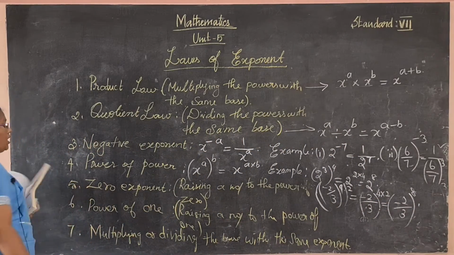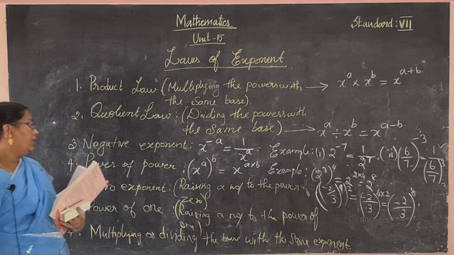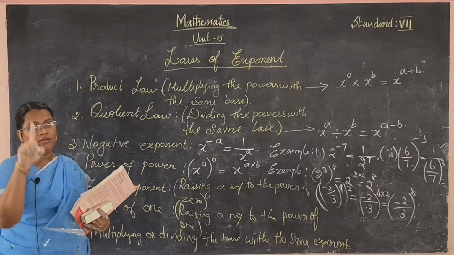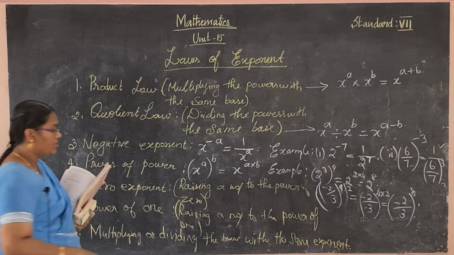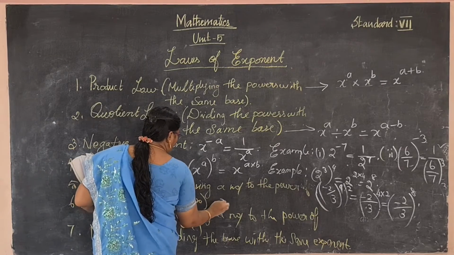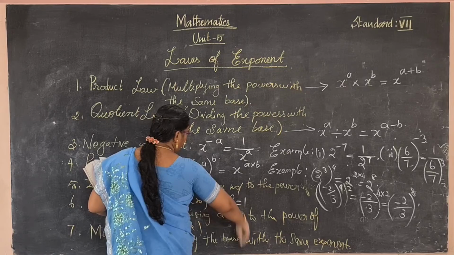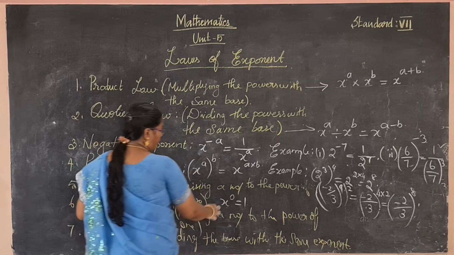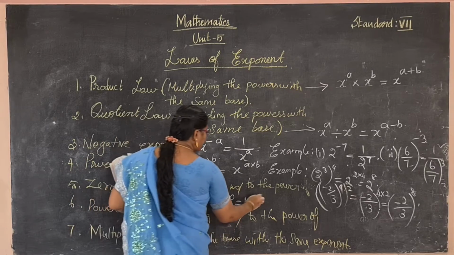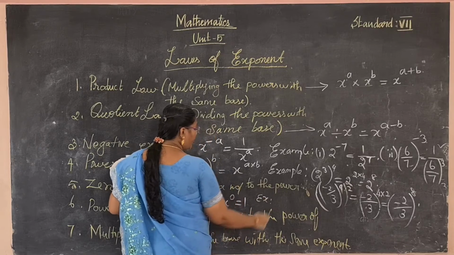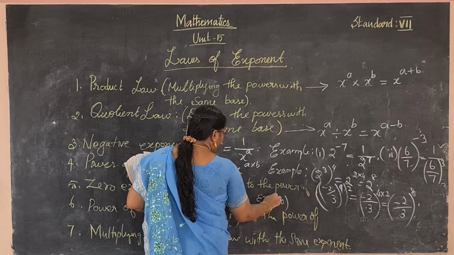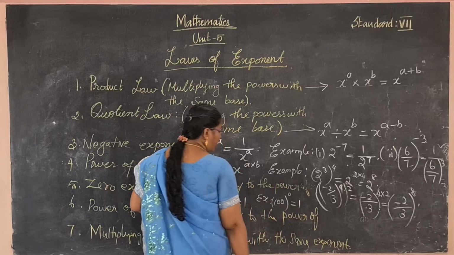The fifth law, zero exponent. Anything power 0 is 1. So x power 0 is equal to 1. This is a common formula. Example, 100 power 0 is equal to 1.